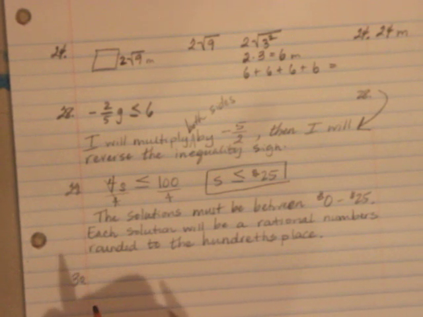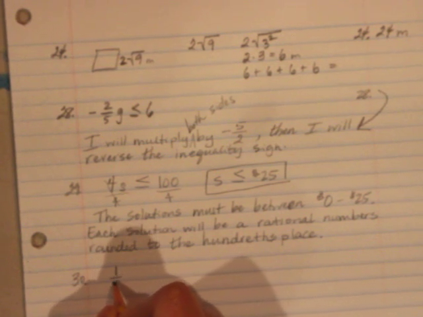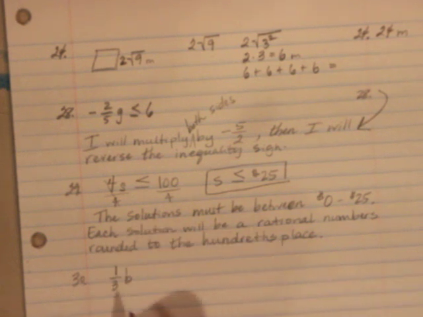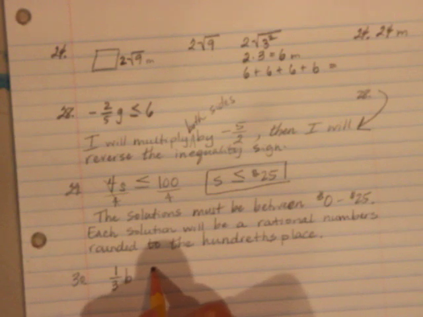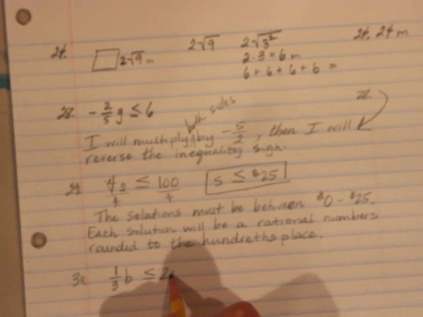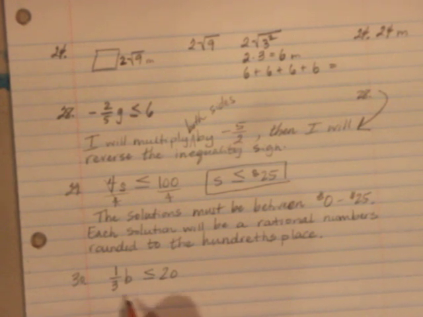So if she uses 1/3 pound for every burger, so 1/3 pound times however many burgers, and we know that whatever that is has to be less than or equal to 20 pounds. That's my equation. We don't know what B is yet, but in total it's got to be less than or equal to 20 pounds.